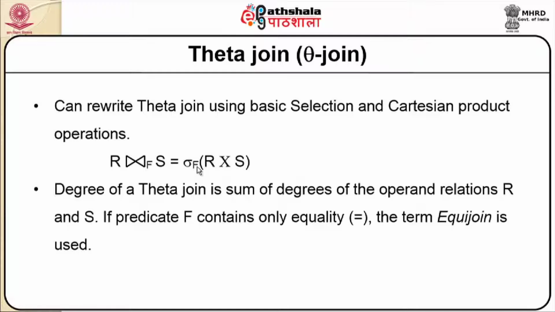The degree of theta join is the sum of the degrees of operand relations R and S. If the predicate f contains only equality, the term equi-join is introduced. That means if the condition of the theta join has only the equal symbol, then this theta join is called equi-join.